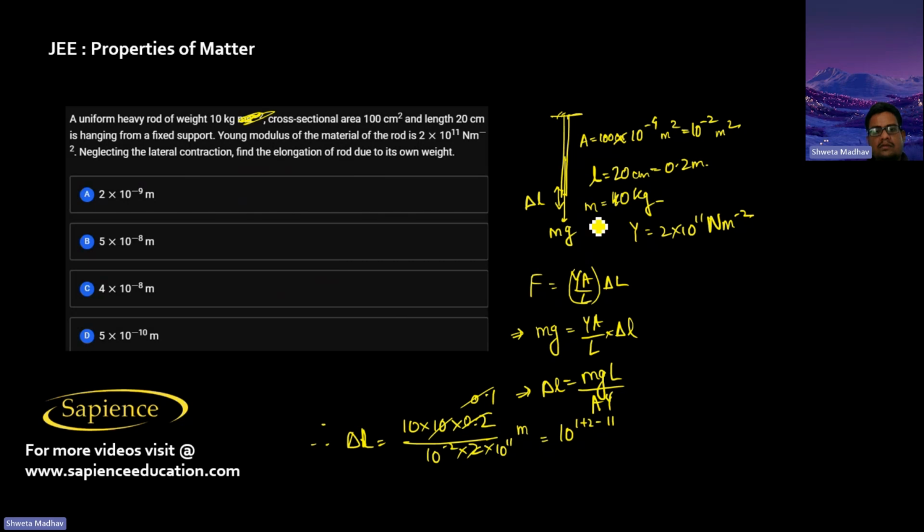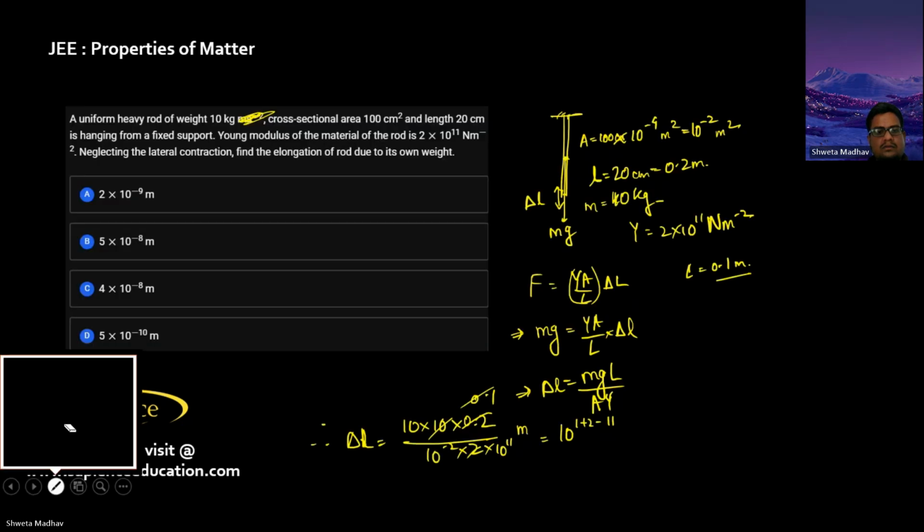So here actually, delta L, we have, the weight is acting from the midpoint, and the center of mass is at the midpoint. So therefore, we have to take the length L as 0.1 meter, which is half of it.